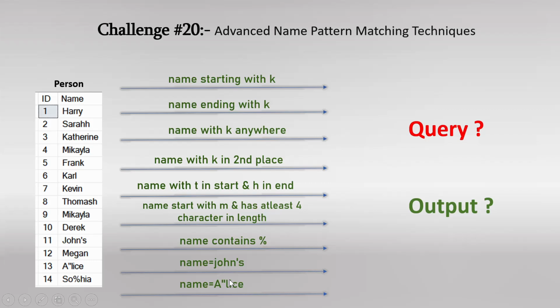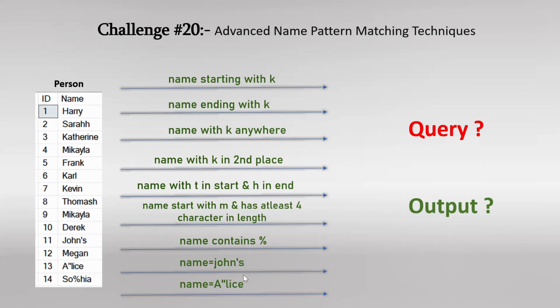So definitely we cannot directly write select star from table where name equals this. This will either give you an error or output a wrong result. So let us see how we can write queries to handle these situations.